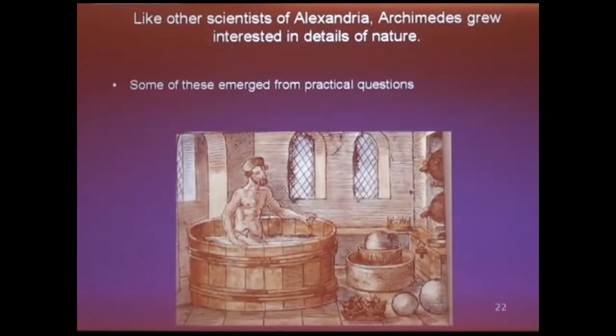Now, like Eratosthenes, Archimedes was very interested in details, and from the details he figured out new behavior. The wonderful story about it is that his friend, the king of Syracuse, had given a jeweler some gold and told him to make a crown.